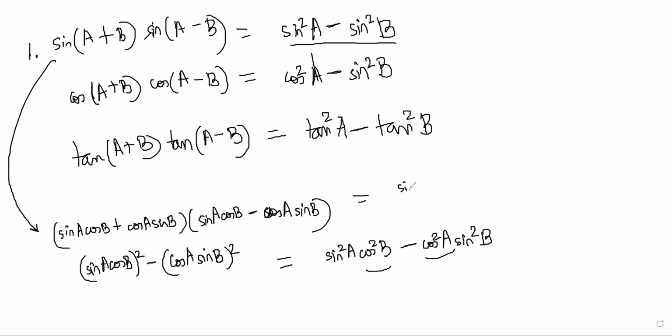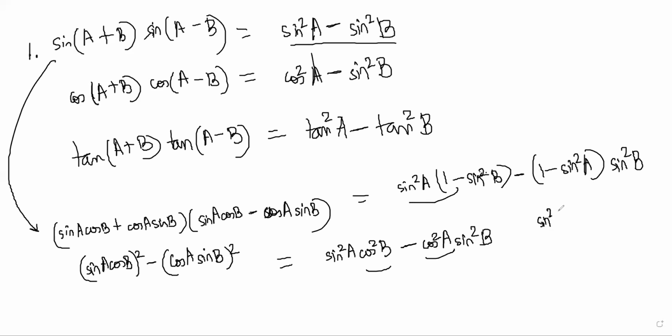So what I will do is write it as sine square A into (1 minus sine square B), to remove the cos, minus (1 minus sine square A) into sine square B. So now this becomes sine square A minus sine square A sine square B, minus sine square B plus sine square A sine square B.